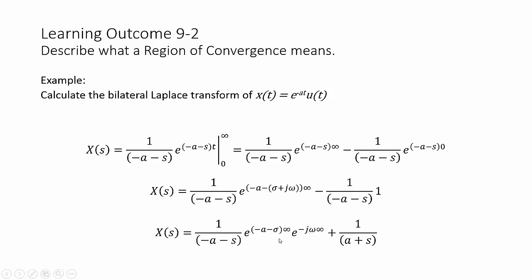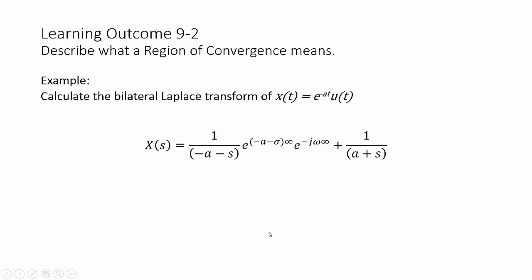This part here is real, and this here will have an exponent of infinity. Depends on whether the quantity minus a minus sigma is positive or negative. So if minus a minus sigma is less than 0, then we're going to have e to the negative infinity, which goes to 0, which means this term goes to 0, and our integral converges, therefore region of convergence.